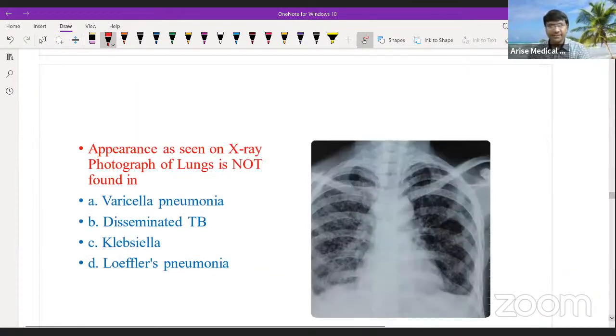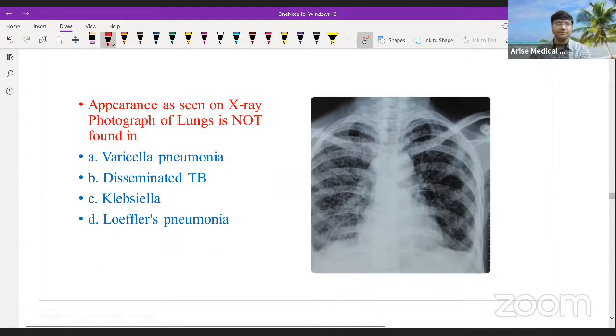Now, this is another important chest X-ray. You see the question: the appearance as seen on the X-ray photograph of lung is not found in varicella pneumonia, disseminated tuberculosis, Klebsiella, Loeffler pneumonia.